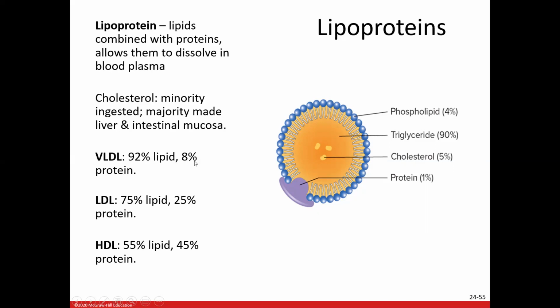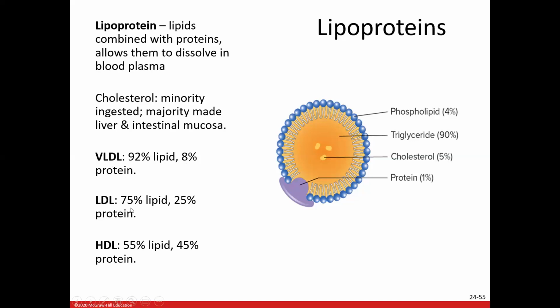The density that comes from these names, low density and high density, has to do with the amount of protein content. So for your very low density, your protein only has 8%, and for your low density, it only has 25%. Since proteins are heavier than lipids, that means they have more mass, which ultimately means they have more density. So the density is based on the protein content.